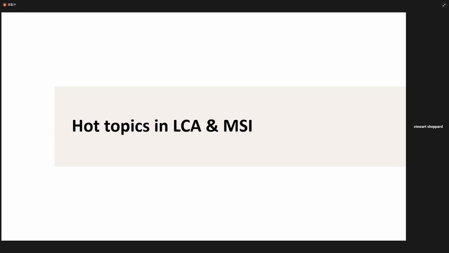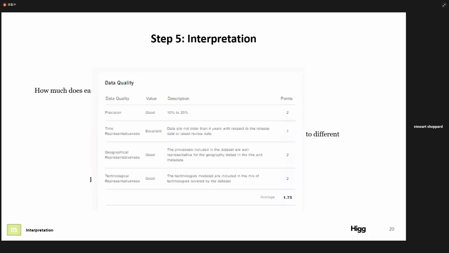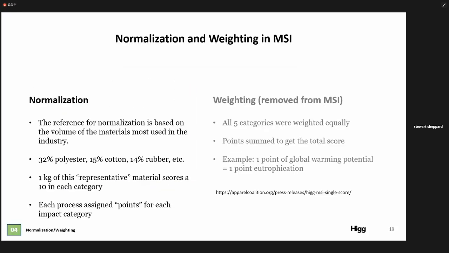There's another question that is, could you tell us again about normalization, what you spoke about on page 19? Each material's environmental impacts are changed into a score with a normalization factor. Correct. And the question is, what does the percentage relate to as well? Sure.